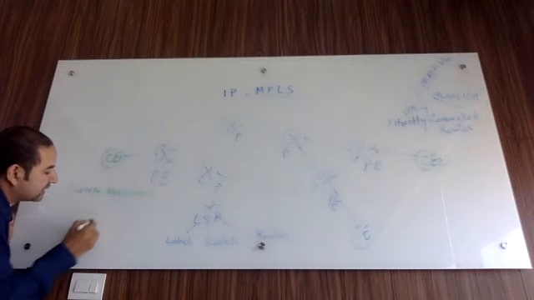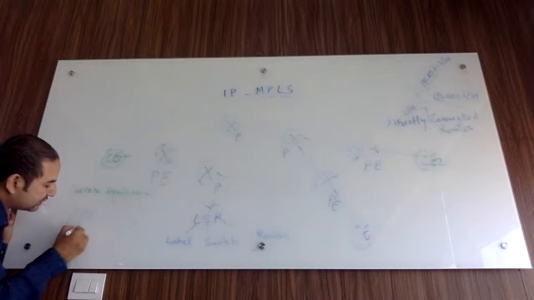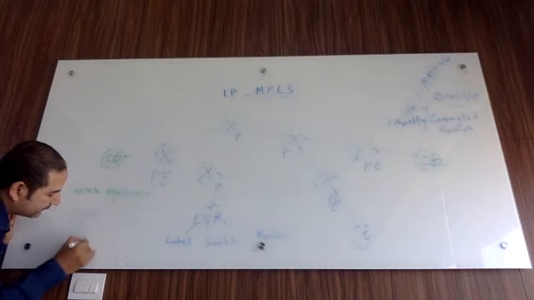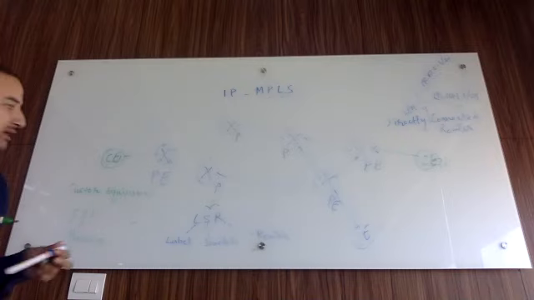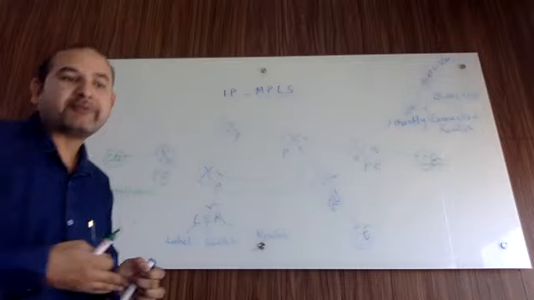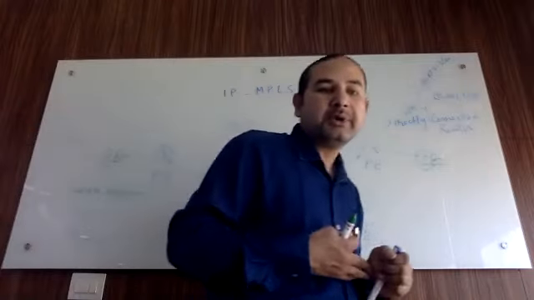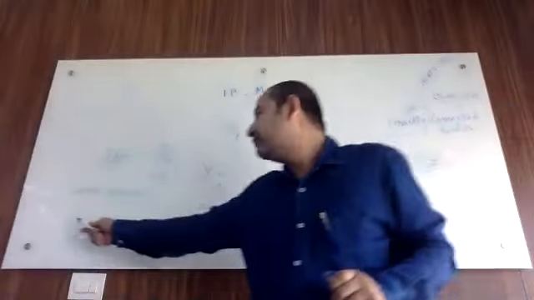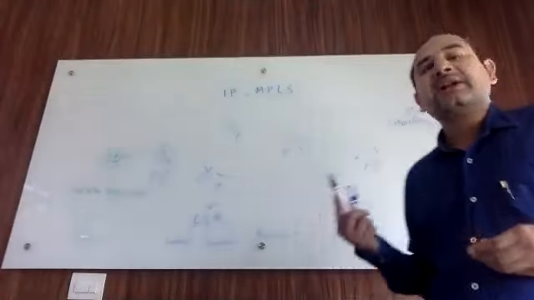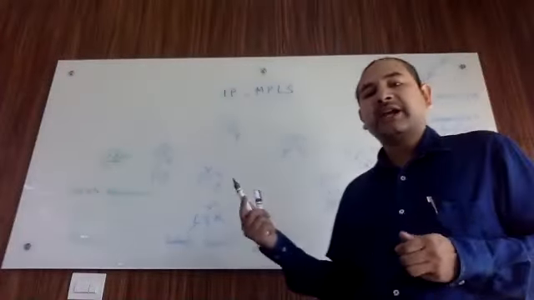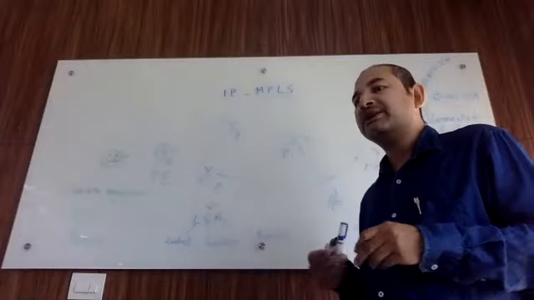CPE stands for customer premises equipment. Premises means if I am the customer, if this router is in my premises, meaning my office, my POP, my home, it becomes CPE, customer premises equipment. Just like a DSL router in my home, that is my CPE.